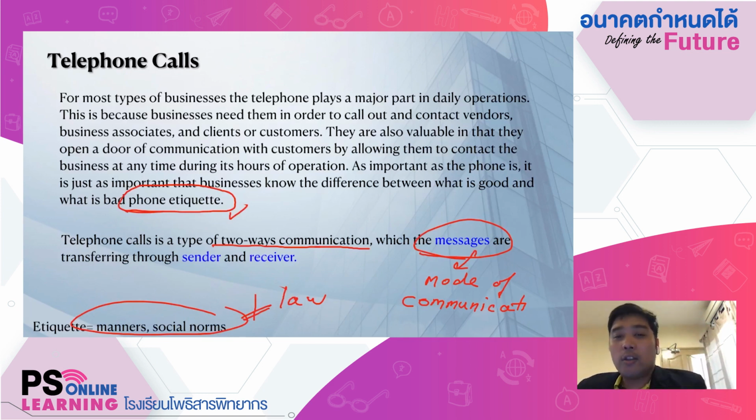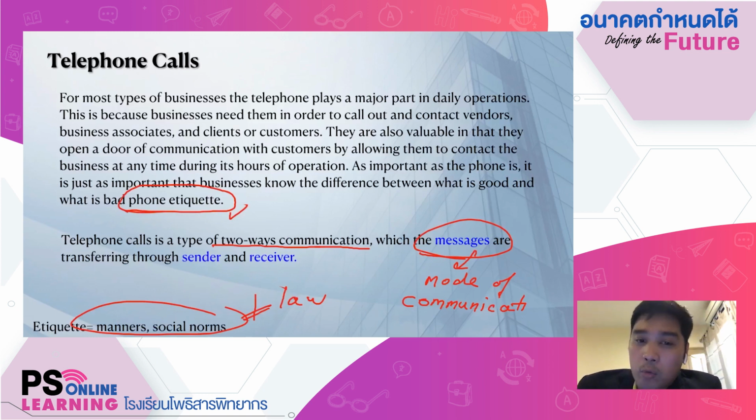But with social norms, you are not dealing with the law. Social norms are about how people will judge you. If you do something correctly, people will judge you as a good guy. But if you do things incorrectly, they will judge you as a bad guy. This is social norms.